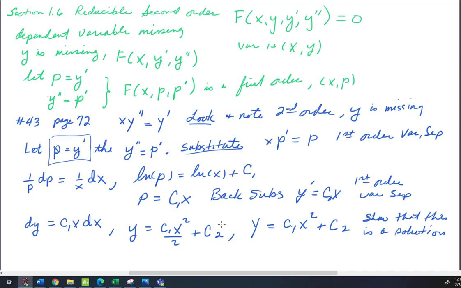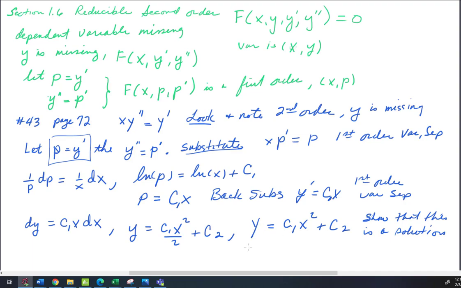One other thing to note here is that this solution has two arbitrary constants, which is why I called one of them C1, because I knew I was going to have another one that would be a different arbitrary constant. So this is a general solution, and it's got two arbitrary constants, and that would be a characteristic of a general solution for a second order differential equation. Second order, two arbitrary constants, and we've got them both here.